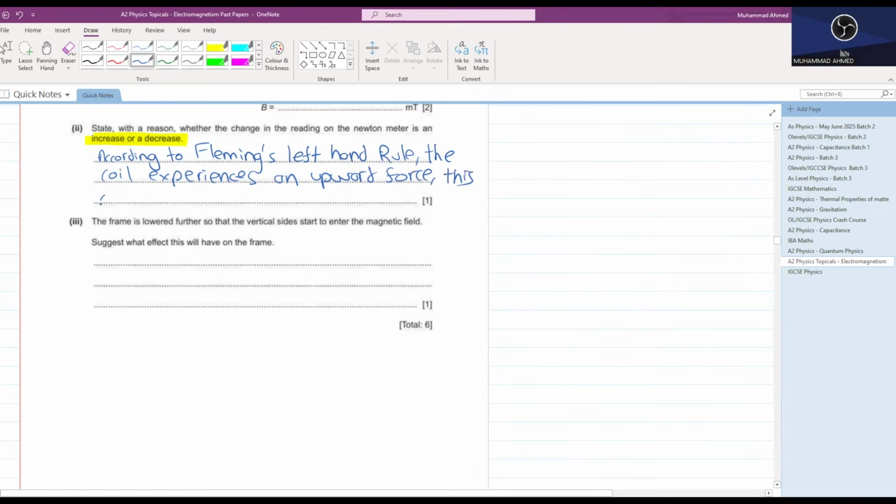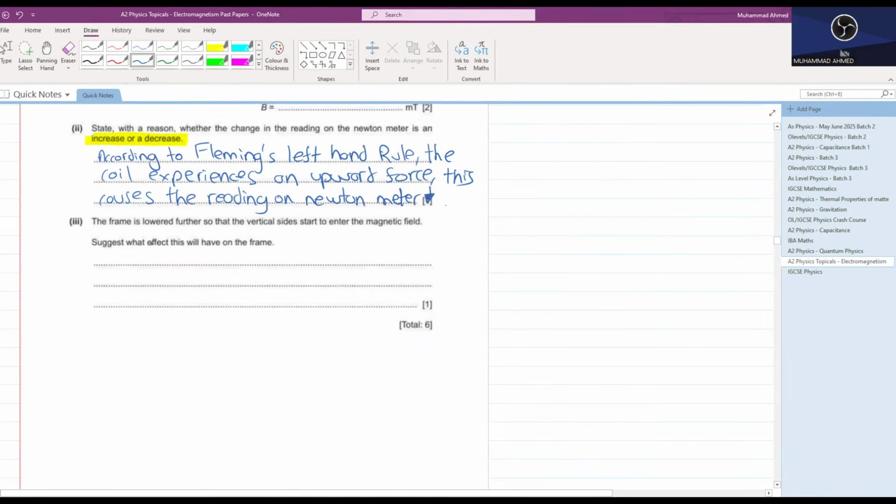This causes the reading on the Newton meter to decrease.